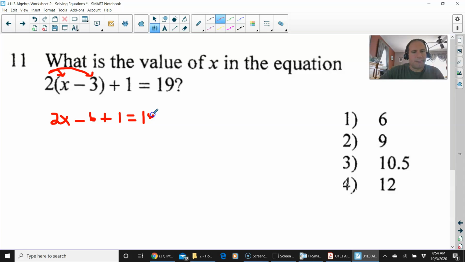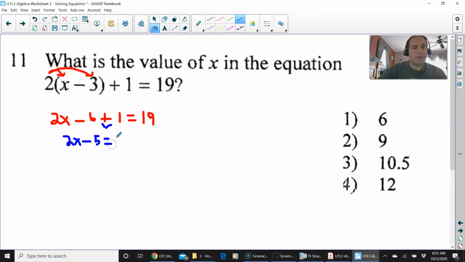You notice now that on the left side we have 3 terms. That means there's 2 of them that you can combine. So combining the like terms is very important before you start moving things across an equal sign. You have 2x, and then the like terms are negative 6 plus 1, which is negative 5. So you're combining these 2 terms.